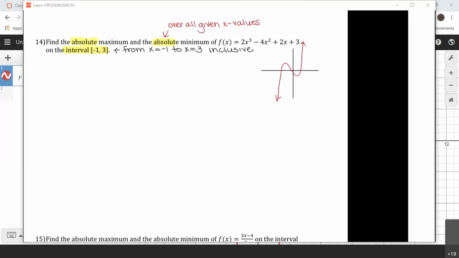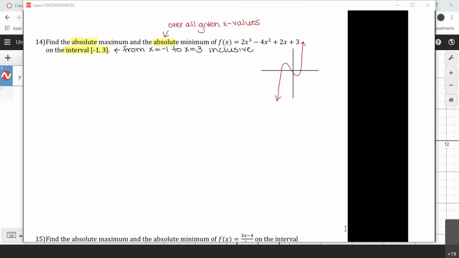It doesn't mean local. You can see the way I drew this function, it has a local max and a local min.